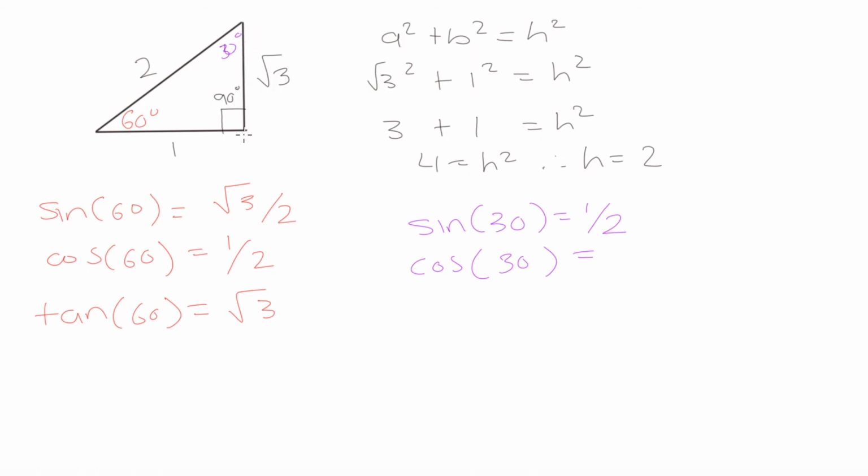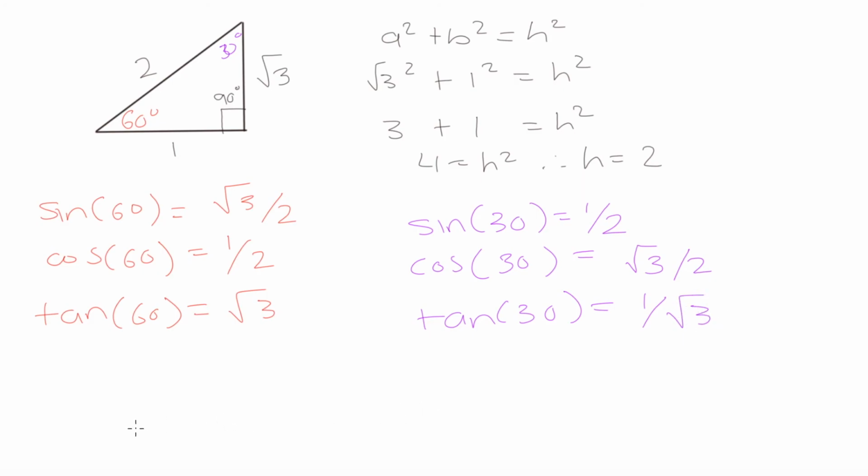This is our adjacent side to this angle here, so it's going to be the square root of 3 over the hypotenuse, which is 2. So cosine 30 is root 3 over 2. And tan 30, we know that tan is opposite over adjacent. So our opposite is 1, and our adjacent is root 3. So we're going to get 1 over root 3.